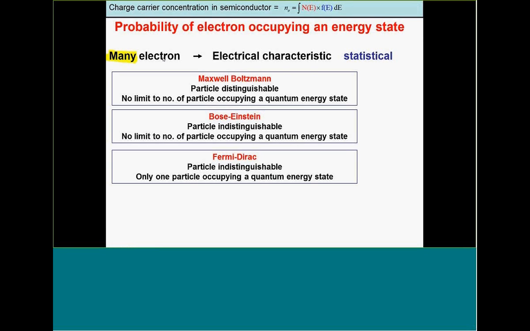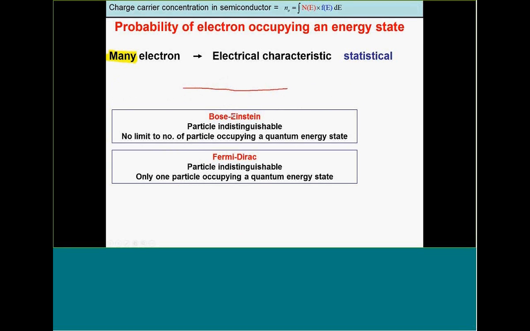So we are not able to differentiate one electron from another electron. So we are not able to use Boltzmann statistics because it violates this particular rule. Now we are left with the Bose-Einstein statistics and also the Fermi-Dirac statistics.